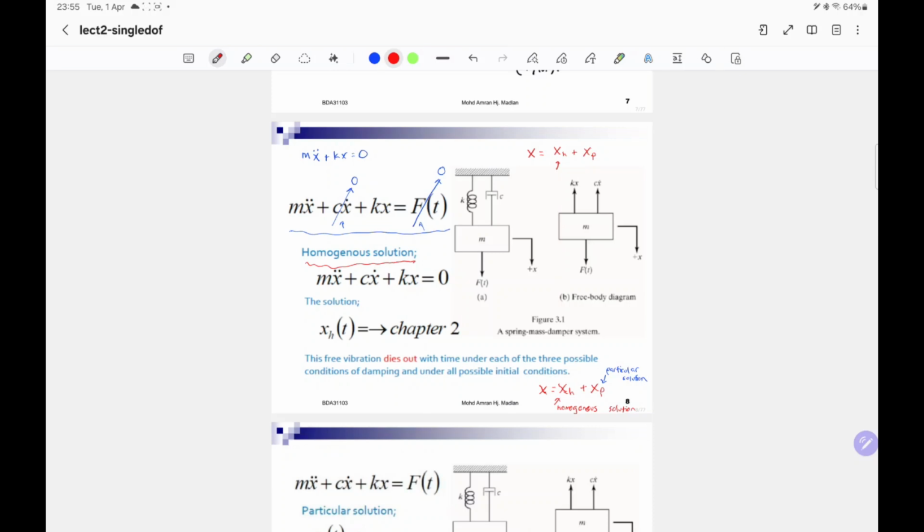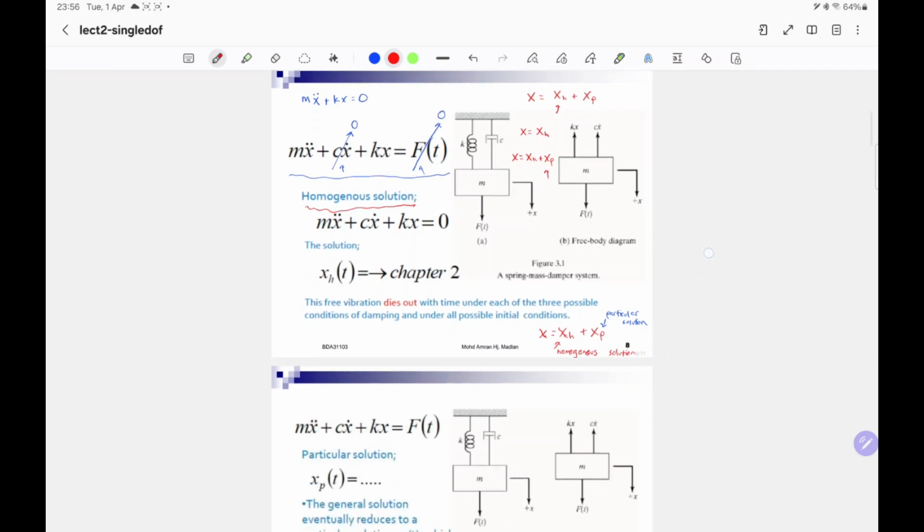Meaning that if we don't have any external force, the solution will only be x equals xh. But if we are considering forced vibration, the response comes from x equals xh plus xp, whereby this xp is contributed by the external force.